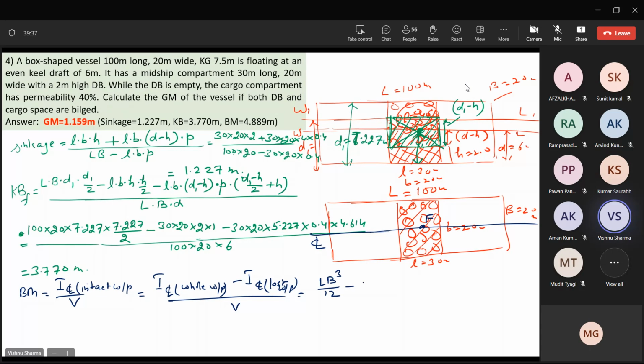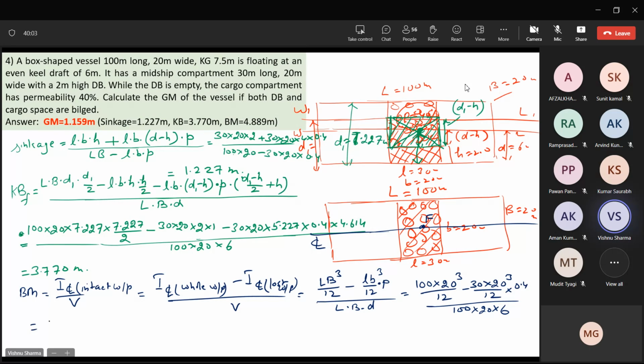ICL of the lost water plane is LB cubed by 12 into permeability. Volume of displacement is LBD. We put the values here, multiplied by 0.4 divided by 100 into 20 into 6.